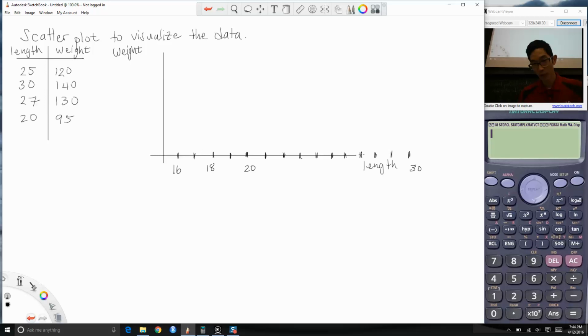This is where 30 is. I would have to graph each of these things. So 20 is at 95, and this one is right here at 20, 95. Then I just go through and graph each of these. 25 is at 120.